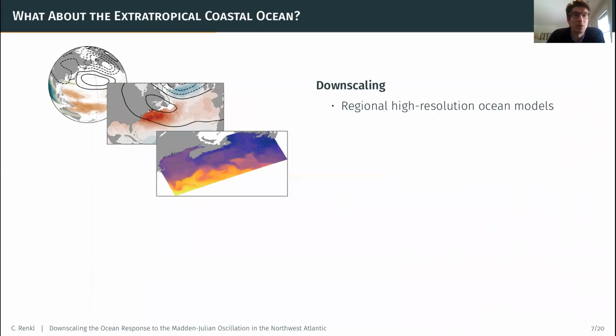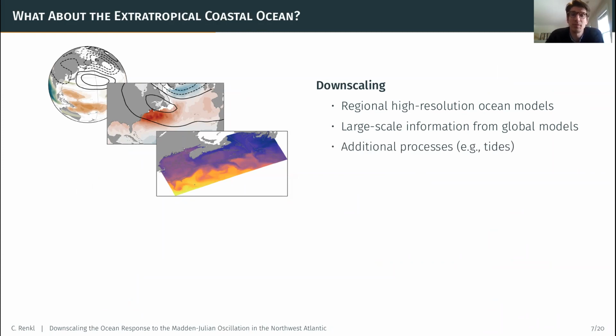And this is where downscaling, dynamical downscaling, comes into play, which is based on regional high-resolution ocean models that take large-scale information from global models along their lateral and surface boundaries. And often they also resolve additional processes in addition to their higher resolution.